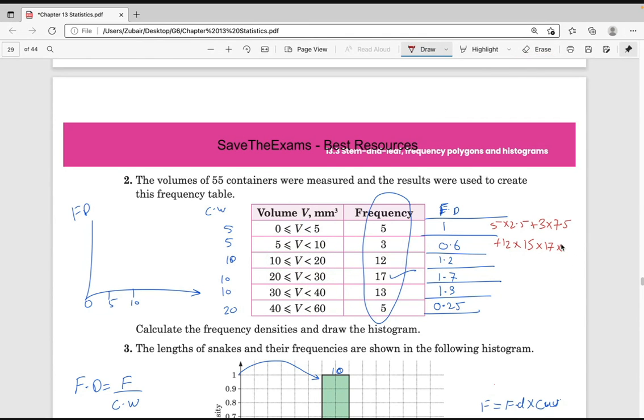Then 17 into the middle value of these two, 10 and, the middle value is 25.